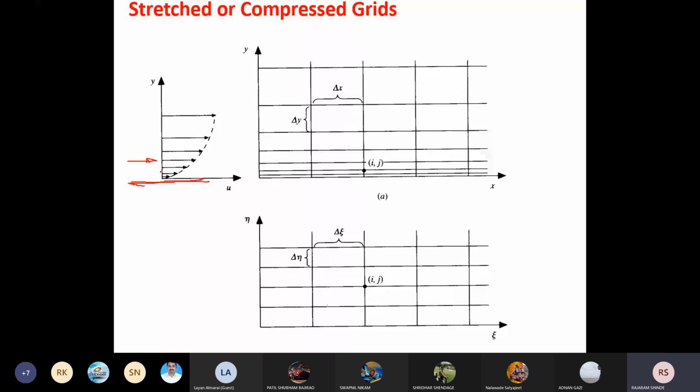That means if we consider away from the surface, those grids may be coarse. That means on this side, this one, we can use coarse grids, but near to this plate we should have fine grids. And one more thing I want to tell you here, in physical plane, spacing between the horizontal grid lines must change progressively.